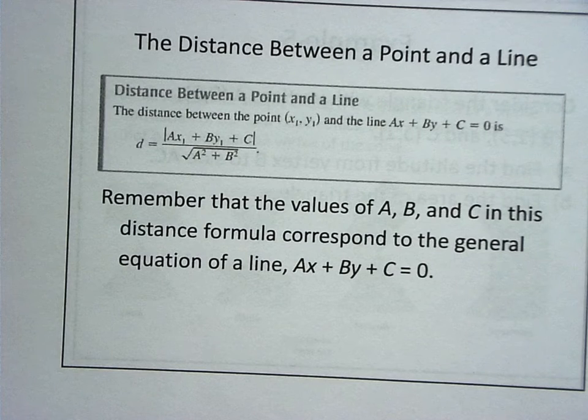The distance between the point and the line is going to be found by taking the line so it's equal to 0, plugging in the coefficients from that line as well as the point, adding them up, absolute value, divided by the square root of a squared plus b squared, the coefficients in the x, coefficients in the y.